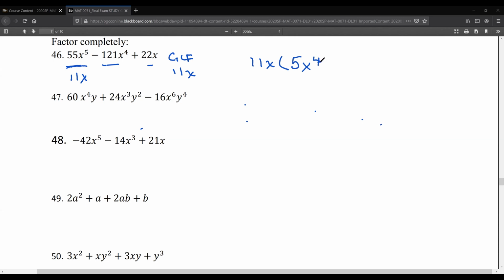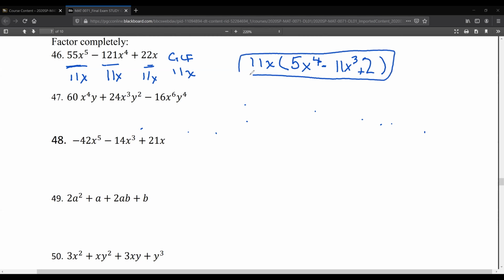Some students think about dividing by 11x, and you can think about that if you want to. The middle term is going to be what? 11x cubed. Very good, again dividing by 11x, and the 3rd term is going to be what? Plus 2. All right, so that's factoring out the greatest common factor. And because the exponent is 4, you don't have to worry about factoring it any further.